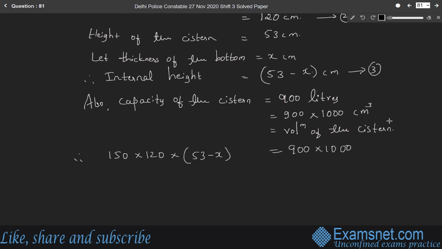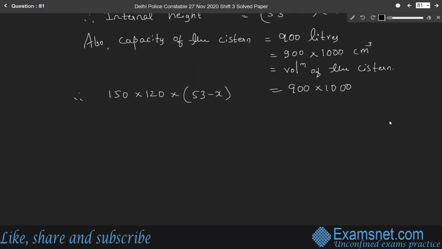Simplify it. Take this 900 to the RHS part, so it goes to the denominator, or 9 to the RHS part. So 150 into 120 by 9 into 53 minus x is equal to 10 to the power of 5.